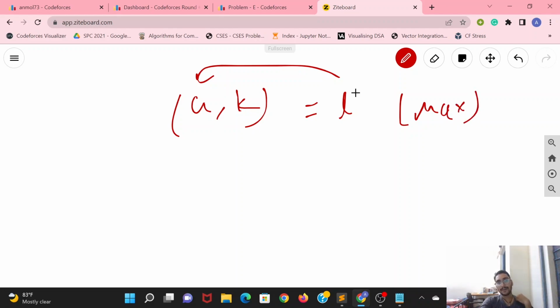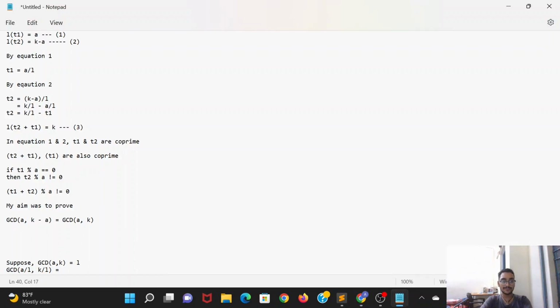So if I divide A by L and K by L, they will not have any more factors left. So the GCD of A by L and K by L will be 1, because the GCD of A comma K is L. So this is the maximum number dividing both A and K. So once I divide A by L and K by L, there are no more numbers dividing the new numbers. So since no numbers are dividing, the GCD is 1.